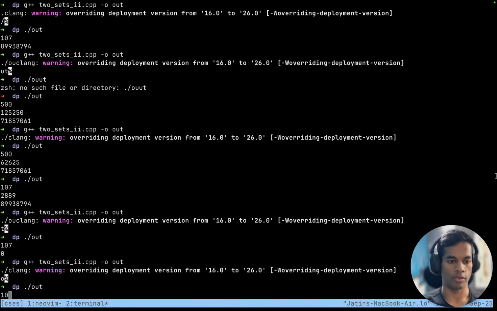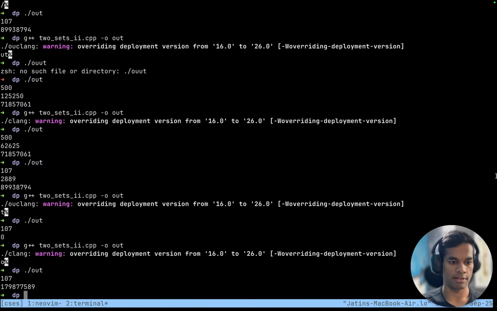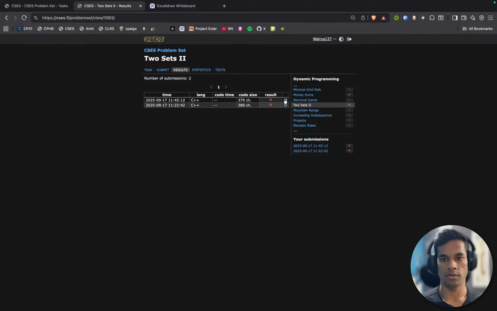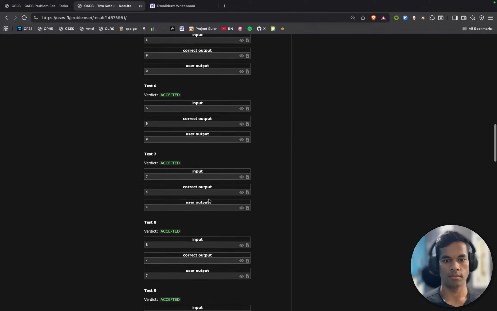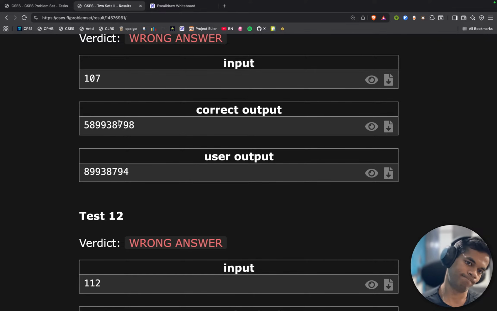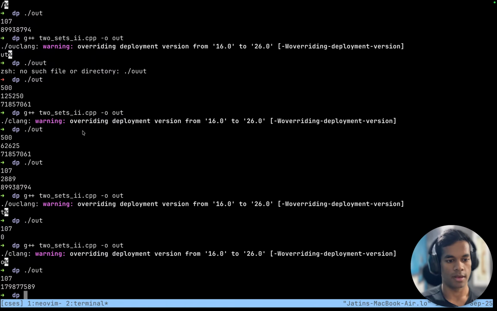Dot slash out, 10^7, 17 billion or something, and the actual answer for 10^7 is 589 million.